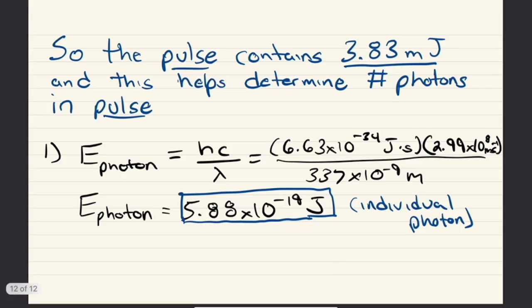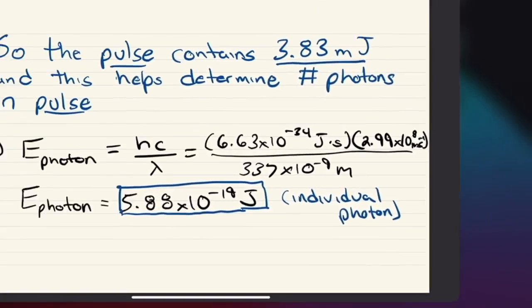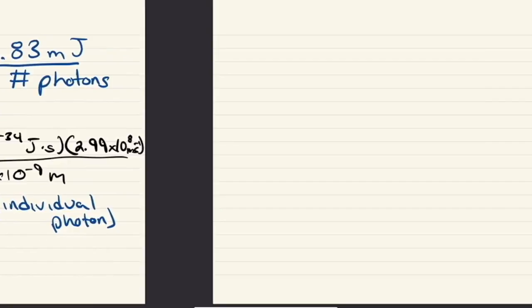So what we must do from there is take that value along with the number of millijoules and find out what that is. We would take that value of 3.83 millijoules, and we would convert that to joules.